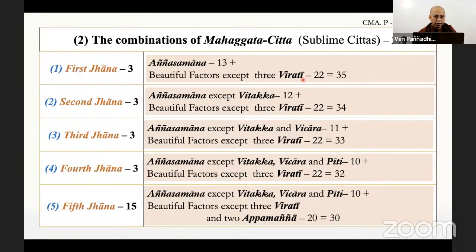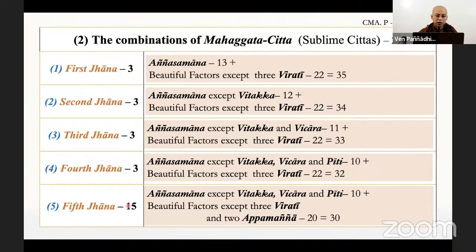But in the Mahaggata consciousness, sublime consciousness, they have a sovereign object. So the form of 4th jhana takes the counterpart sign, Patibhaga Nimitta, as its object.